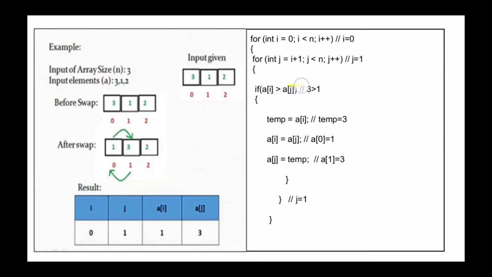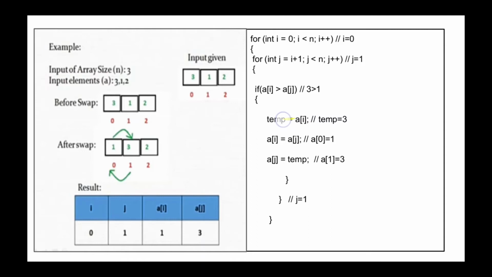Integer j is equal to i plus 1. j is less than n. j plus plus. The j value is the i value 0 plus 1, so j value is 1. Then 1 is less than array size 3. So the condition is true. Then go to the next condition, the if condition. In this condition, check a of i is greater than a of j.